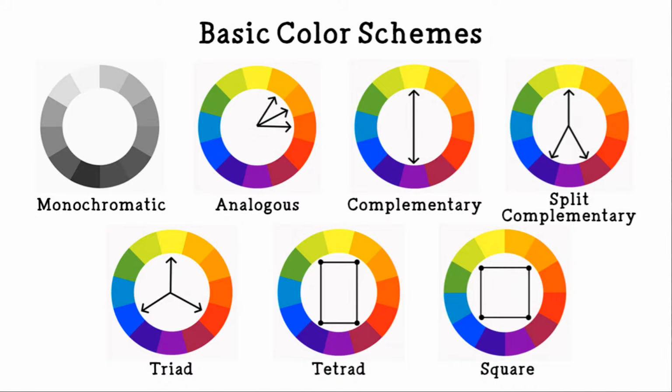Okay, all right, so these are the basic color schemes that, and you don't have to know them all as a beginner, okay? But there are these 7 important color schemes. And color schemes are essentially groups of colors that are tried and true, that look great together.